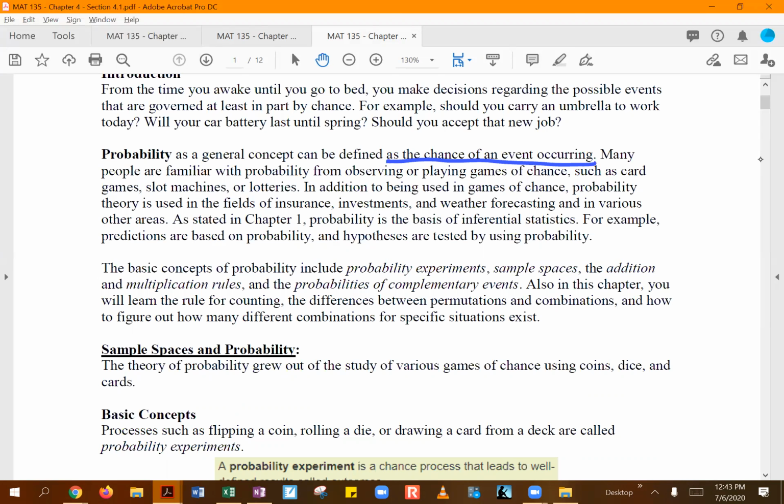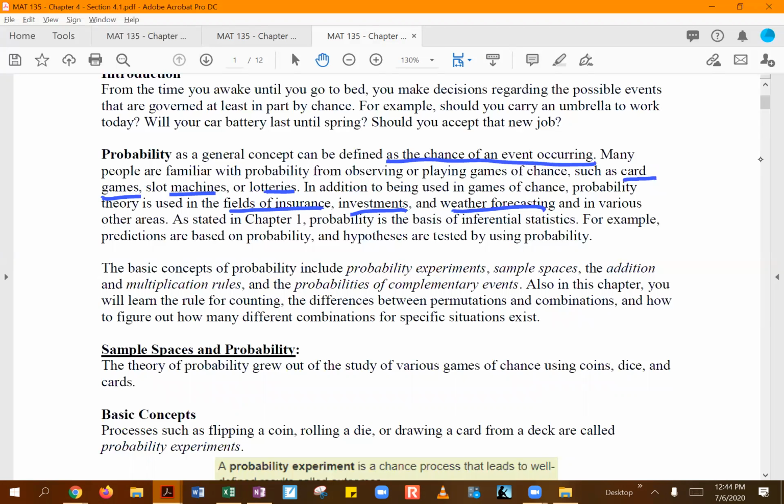We can also use probability in fields of insurance, investments, and weather forecasting is definitely a big one.